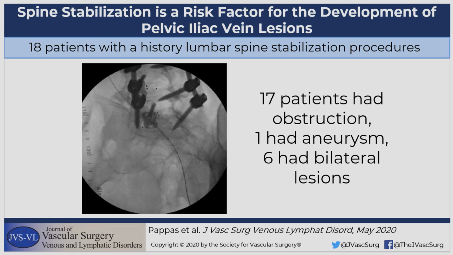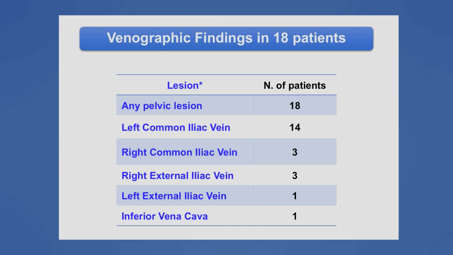This retrospective study identified 18 patients with a history of lumbar spine stabilization procedure who presented with iliac vein lesions. 17 had obstruction and 1 had venous aneurysm. 6 lesions were bilateral. The left common iliac vein was involved in 14, the right in 3 patients.